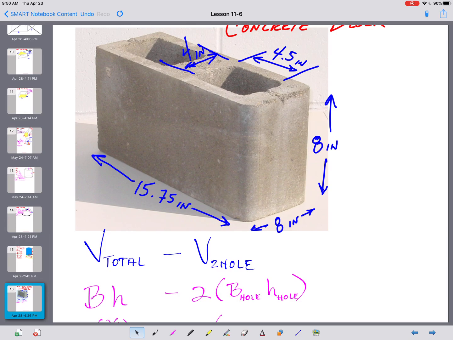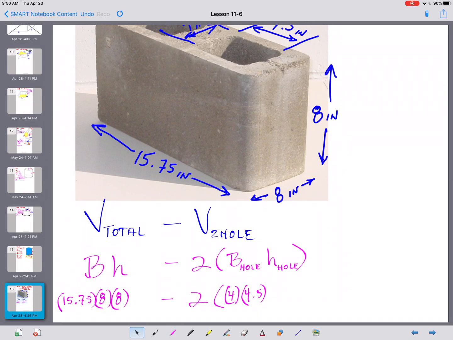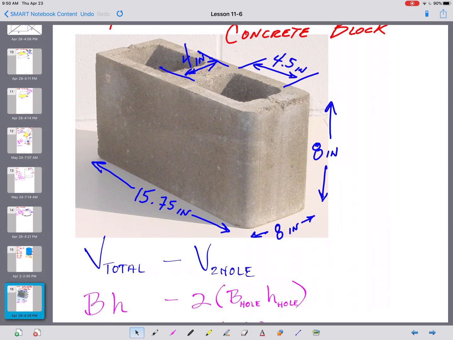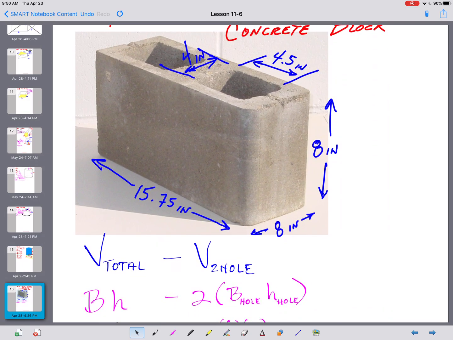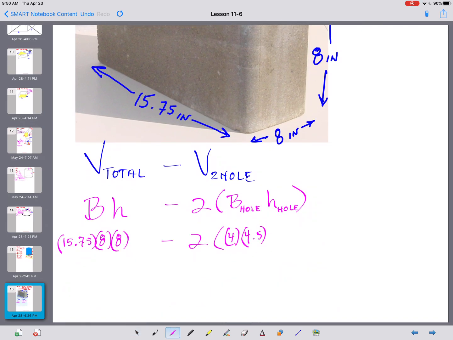It's 4 by 4.5. How high is each hole? It's the same depth as the whole concrete block, so the hole is 8 inches high.